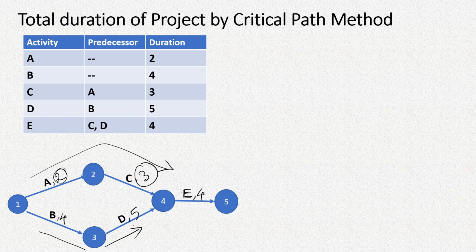That means after 5 days we should be able to start the activity E, but E also depends on activity D, which itself takes 5 days, and it is dependent on activity B, which again takes 4 more days.